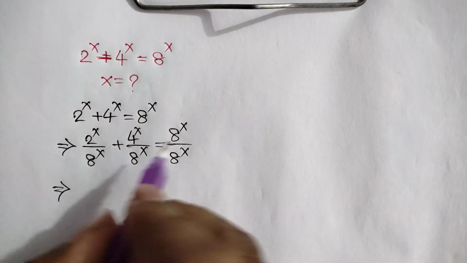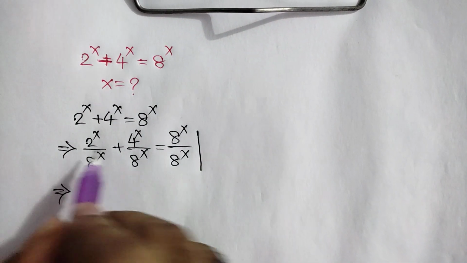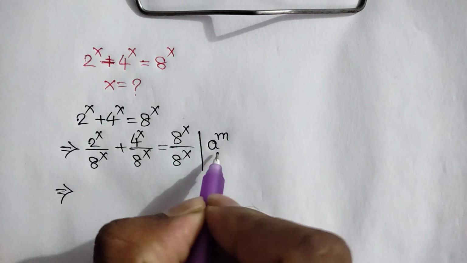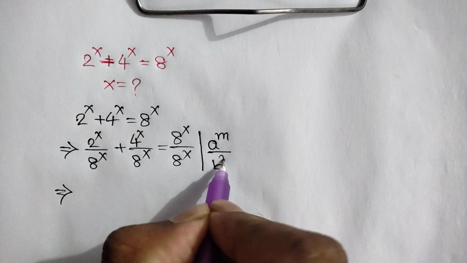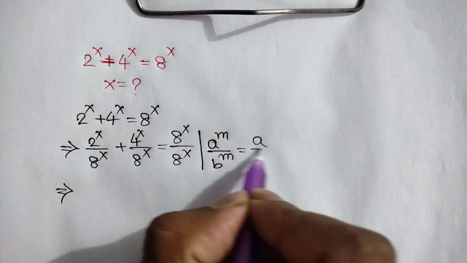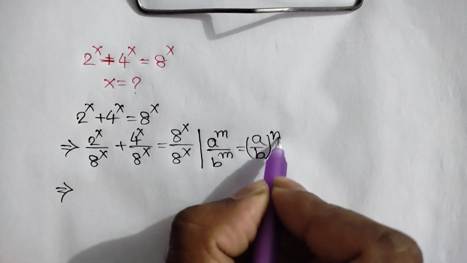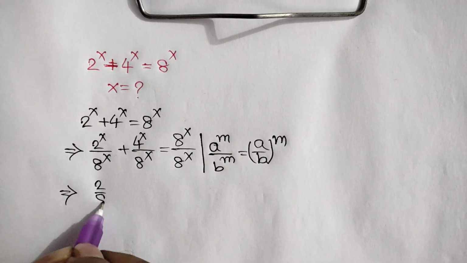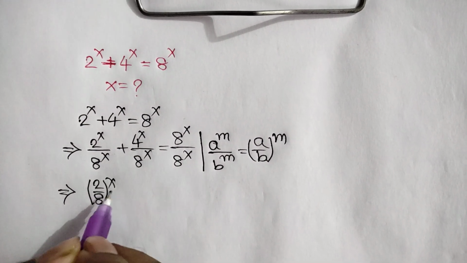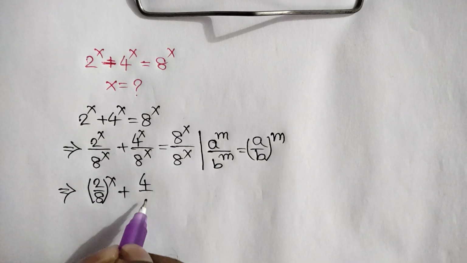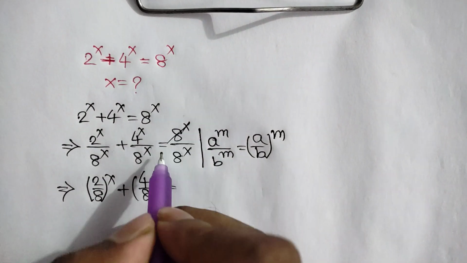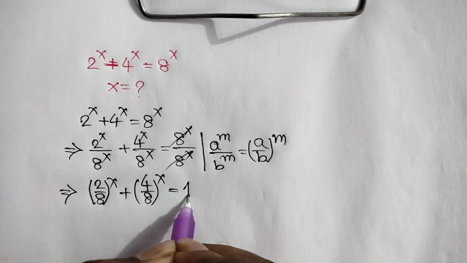We can apply this exponents rule: a to the power m over b to the power m is equal to a by b whole to the power m. Applying this rule, we can write 2 over 8 whole to the power x plus 4 over 8 whole to the power x is equal to, here this cancels out this, so it will be remaining 1.